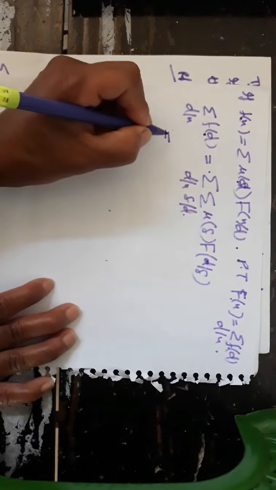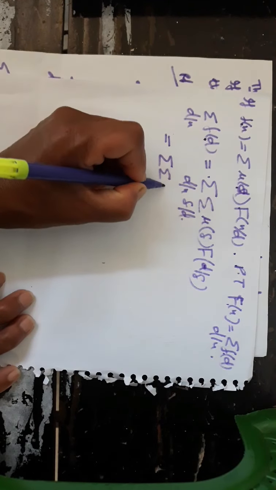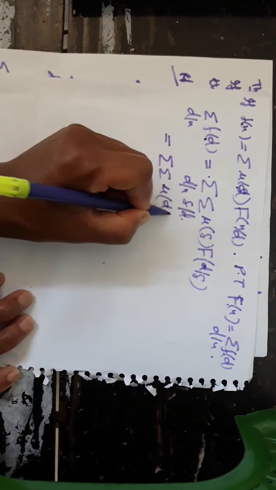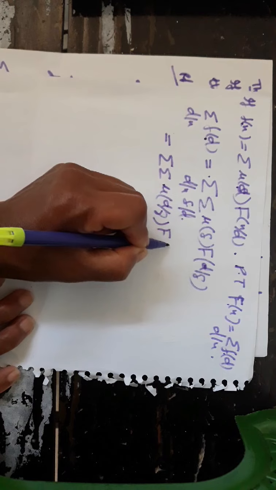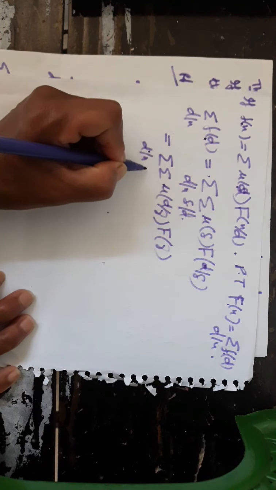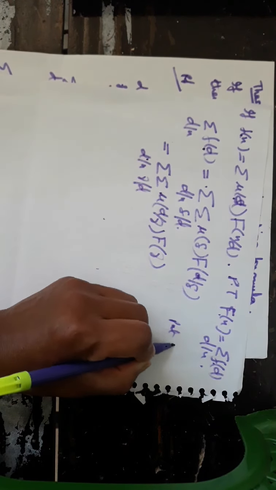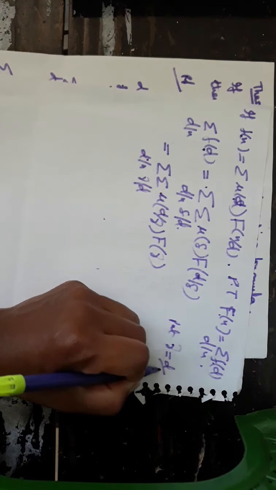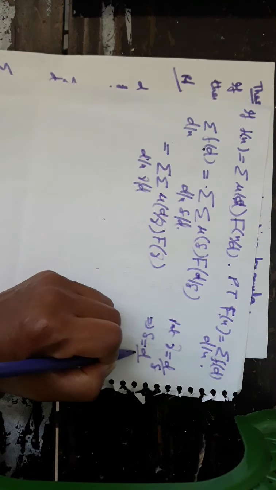So this is equal to the double summation of mu of delta, F of gamma, where d runs over the divisors of n and gamma divides d. This is by putting gamma equal to d by delta, so this implies that delta is equal to d by gamma.